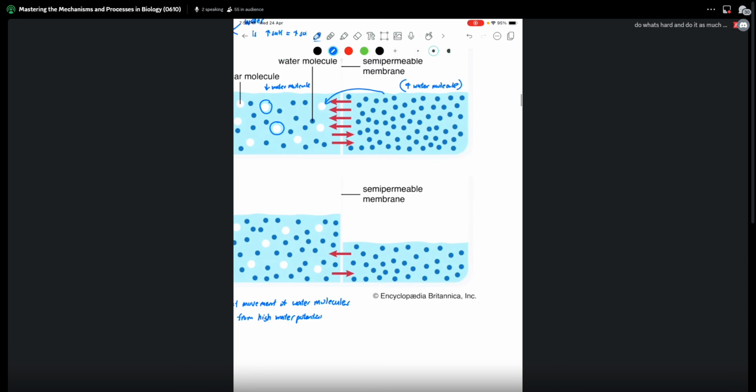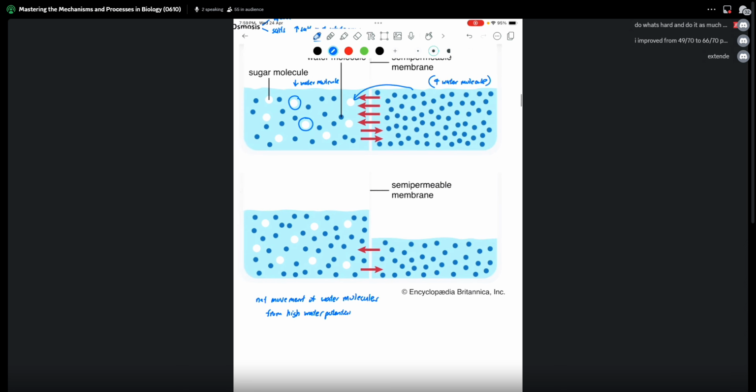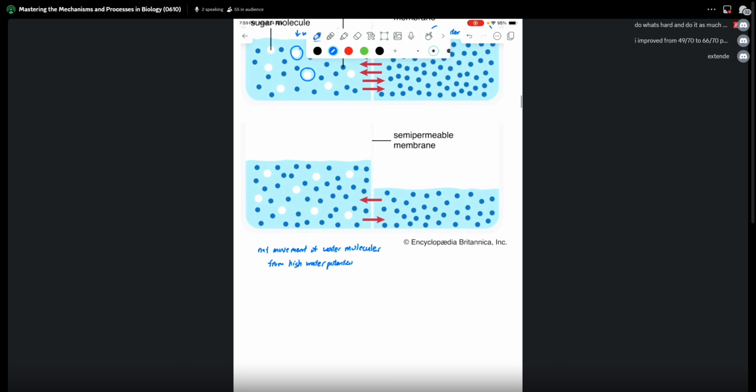Because there is more, that is potential, meaning there's a lot of that thing. So it starts to move down to a lower water potential. So from higher to lower water potential. And one more thing, across a partially permeable membrane.